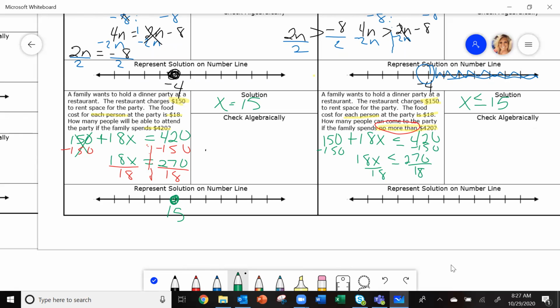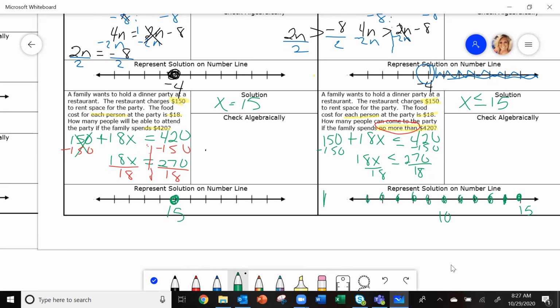So let me start here. If I make this 15 and I go down, a lot of times what you're trying to do is put a closed circle at 15 and shade to the left. You can't do that because this data is discrete, meaning that you're talking about people. So you're either going to have 15, 14, 13, 12, 11, 10, 9, and it has to be dots because it's only going to be whole numbers.